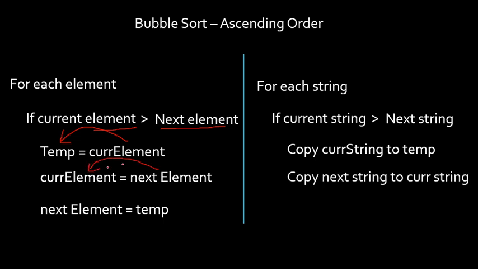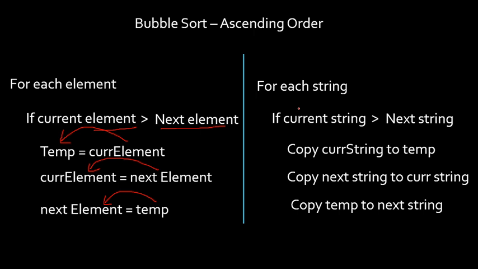And last step will be copy temp to next element. Have I made it clear? Yes. Exactly same as integer sorting. But instead of considering integer values here, I am working with string values here. If you have any doubts, just ask me during the doubt clarification session.